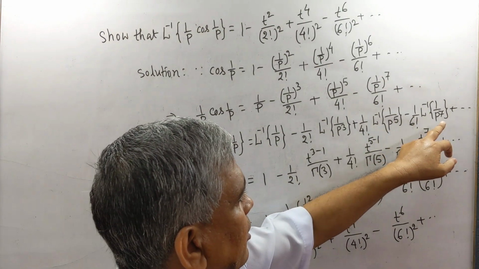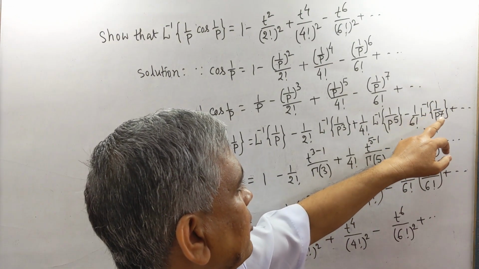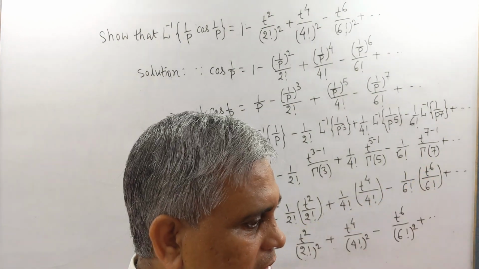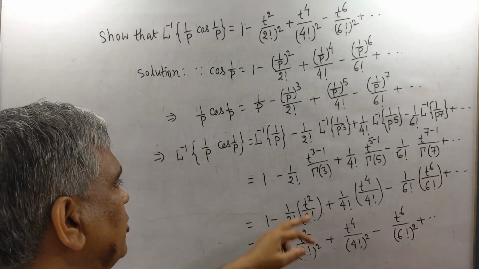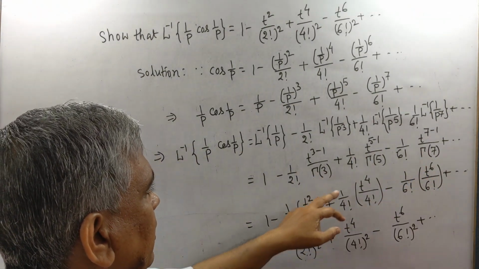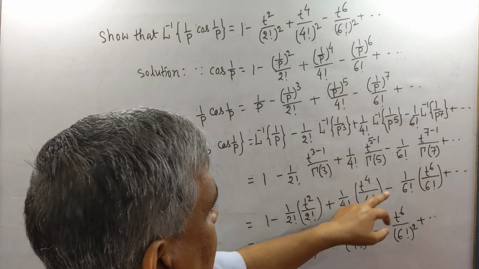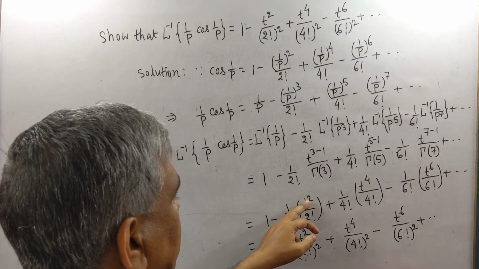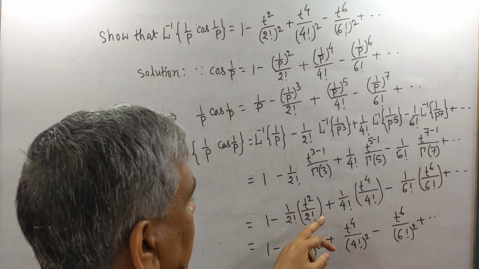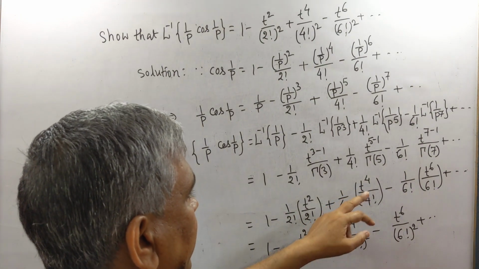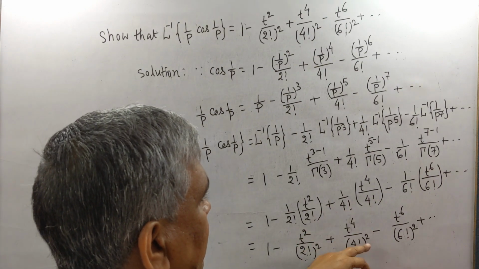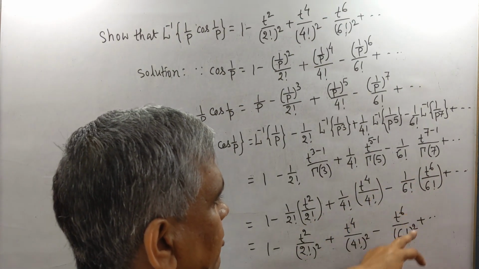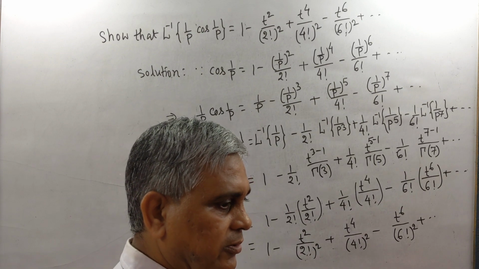Here also t to the power 7 minus 1 by gamma 7. Gamma 3 is factorial 2. Gamma 5 is factorial 4. Gamma 7 is factorial 6. So we get 1 minus t square by factorial 2 square plus t to the power 4 by factorial 4 square minus t to the power 6 by factorial 6 square plus dot dot.